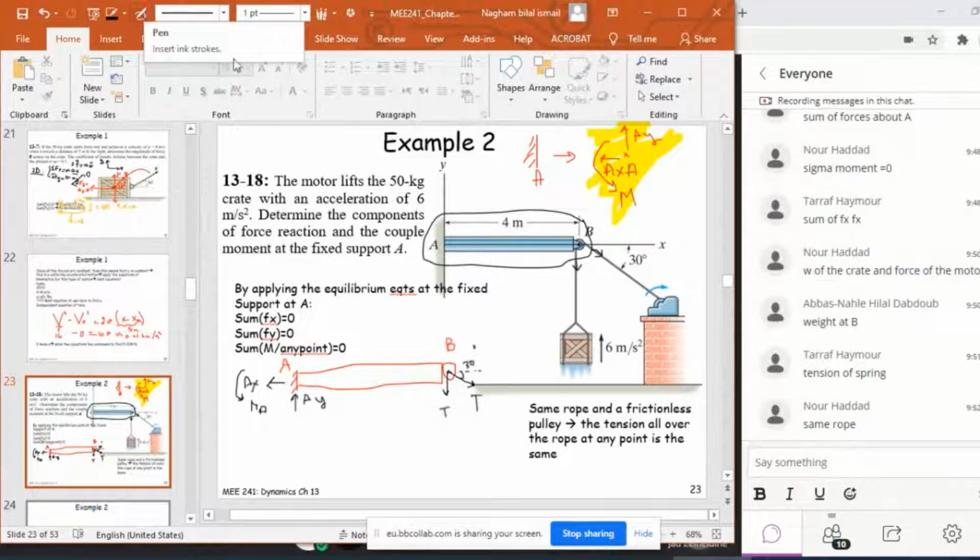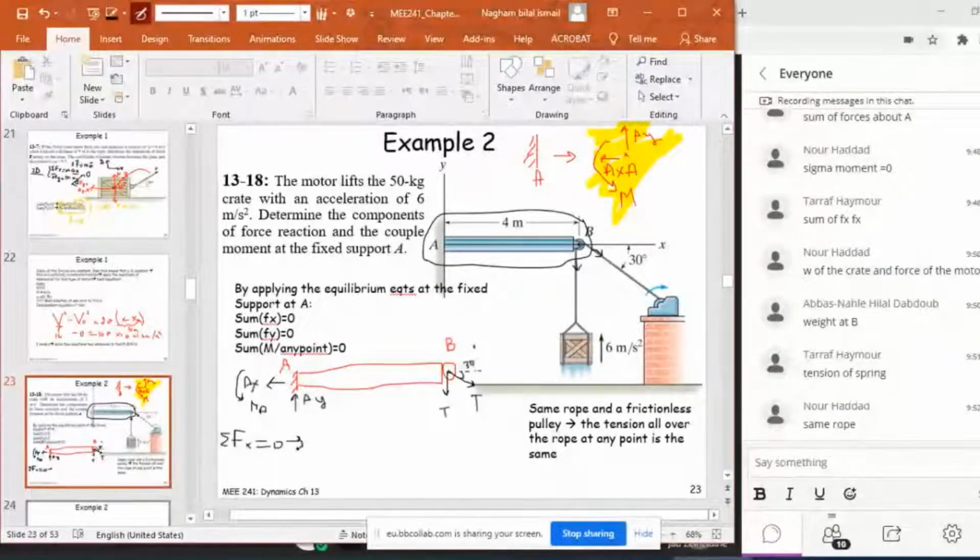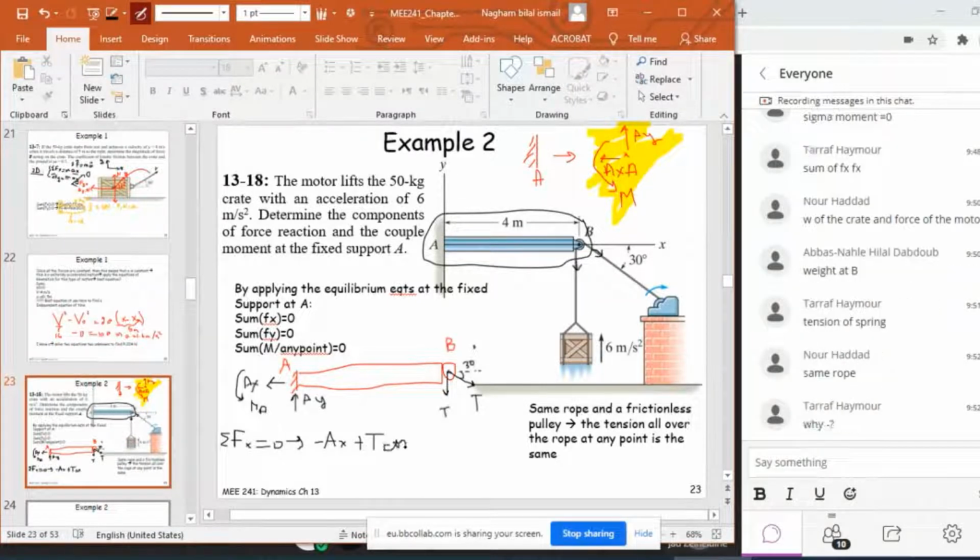Okay, now I can apply the first one, which is the sum of forces equal to 0 in the x direction. So the sum of Fx in the x direction equal to 0 will give me minus AX plus T cosine 30 is equal to 0.